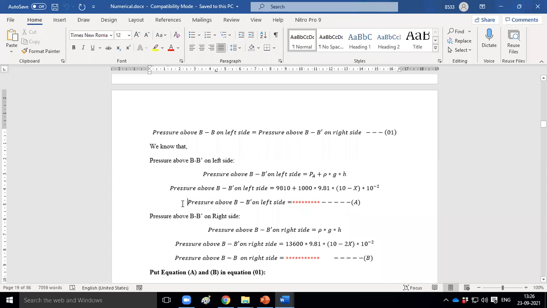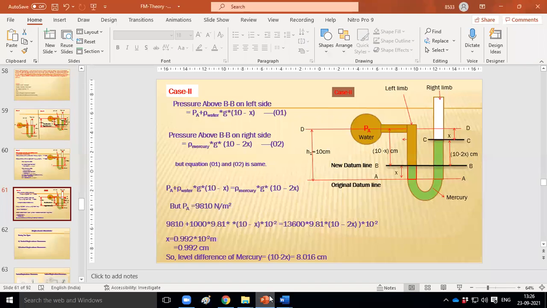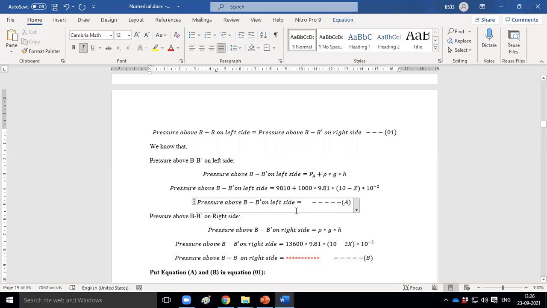The pressure above BB dash on left side is initially represented by the star mark, and we can replace it by the actual calculation value.